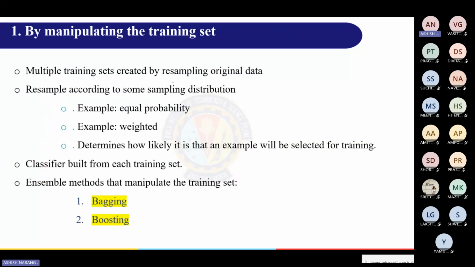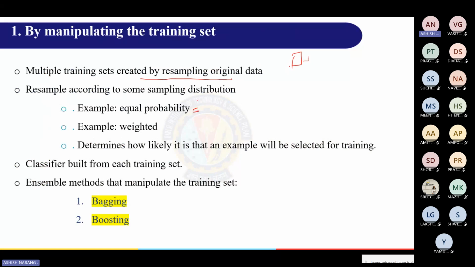Multiple training sets are created by resampling the original data. I have some data, right? I'm not going to divide it as such. I'm going to do some sampling. I can sample the data with equal probability.